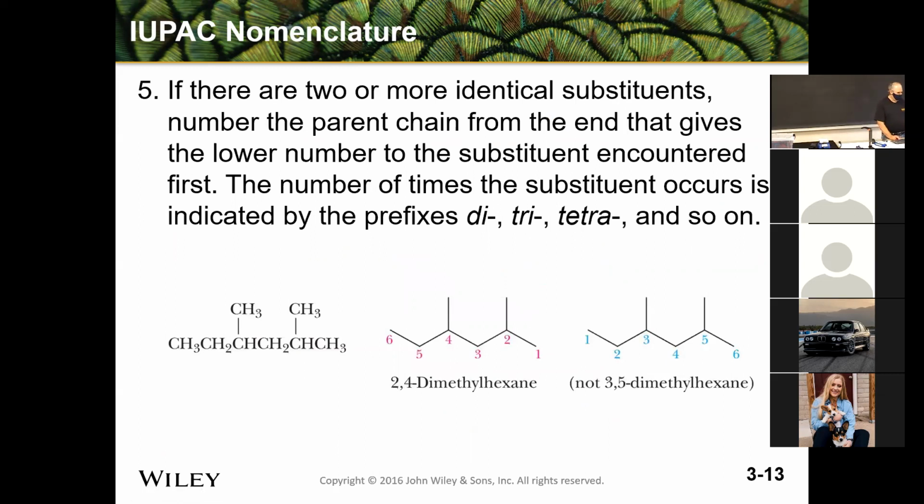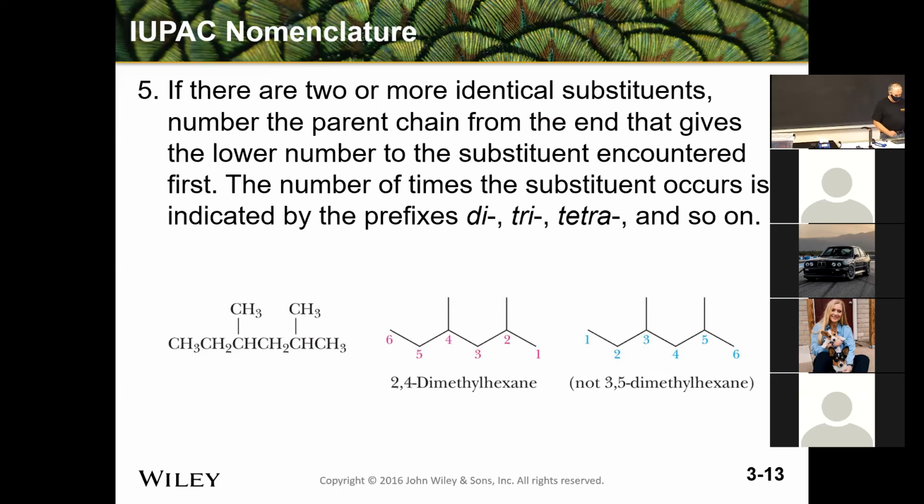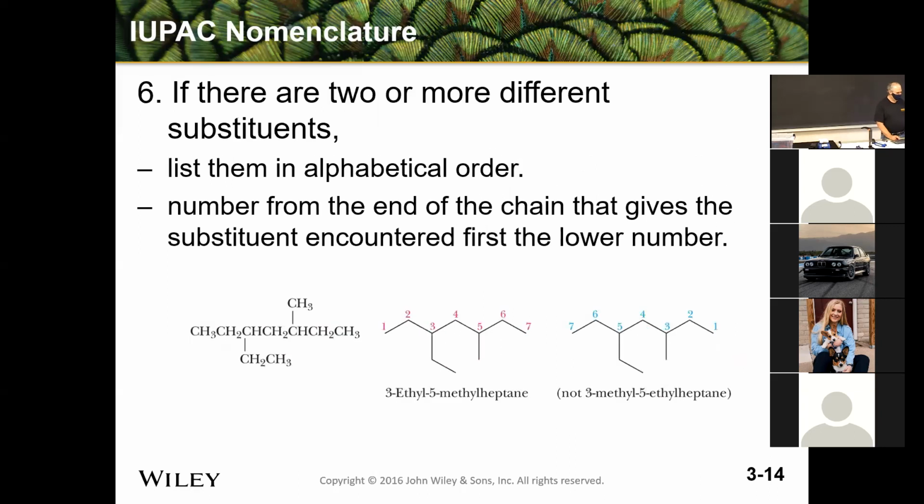We locate substituents by position number, and we want to give the substituents the lowest combination of numbers. We list substituents alphabetically, so in this case, ethyl comes before methyl.